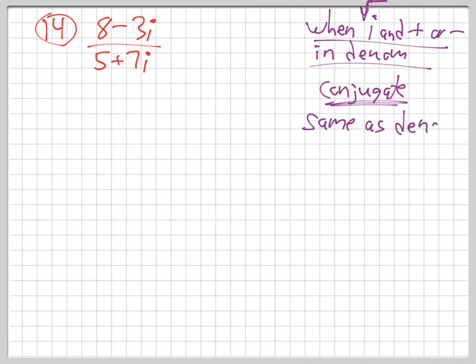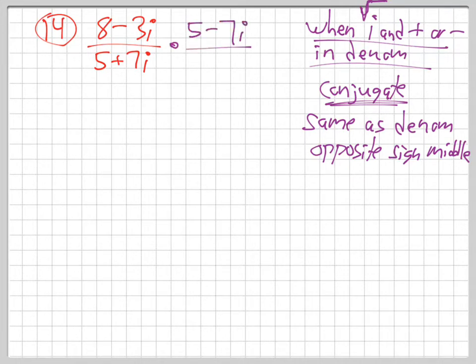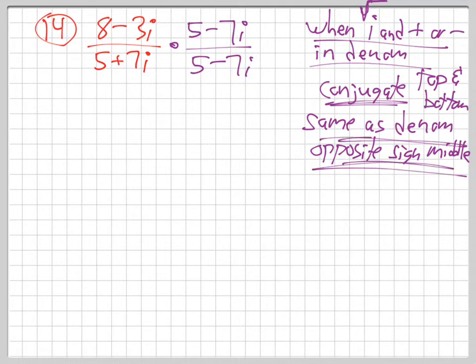Same as the denominator, opposite sign in the middle. So I'm going to multiply by 5 minus 7i over 5 minus 7i, the conjugate, top and bottom, which is the same as the denominator, but opposite sign in the middle. So you got to multiply top and bottom by that. All right, so first to both, second to both on the top and the bottom.